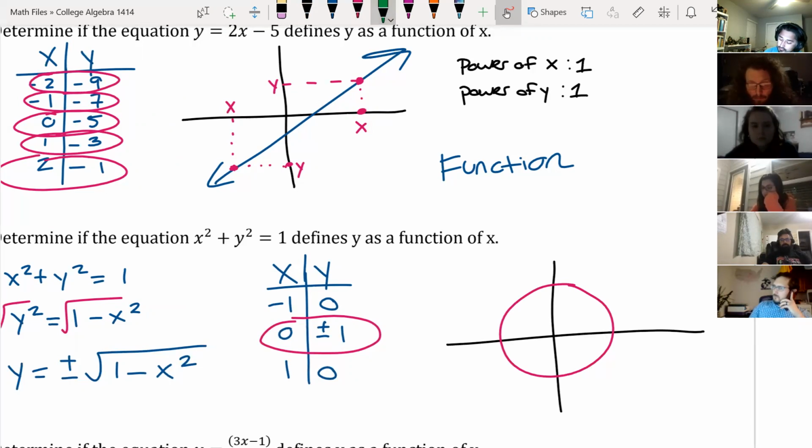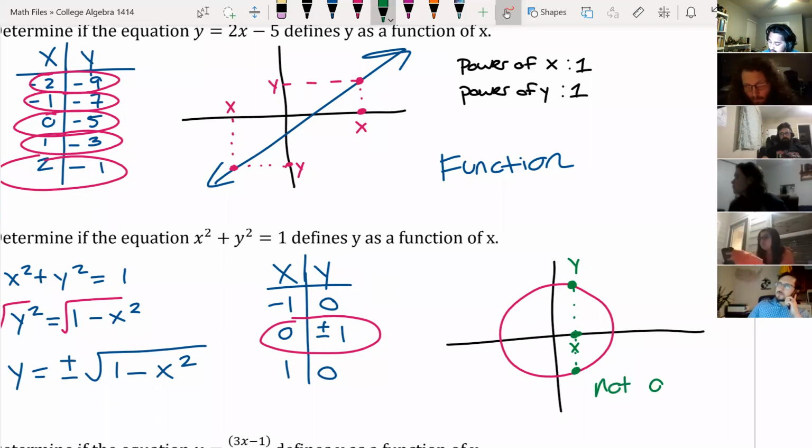If I plot an x anywhere on this circle, if I go up, I get a y. If I go down, I get a y. Again, showing us that this one x value has two y values, and therefore this is not a function.